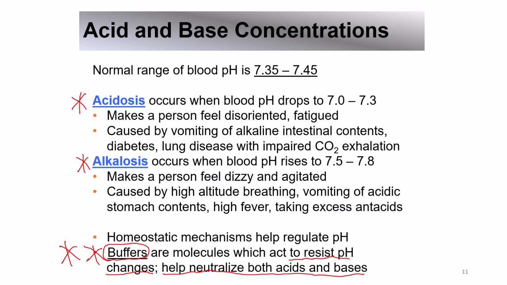So one part of the pair acts more like a base, and the other part acts more like an acid. And so if our blood is becoming more acidic, the basic part of the buffer ends up neutralizing the acidic one. And so then vice versa. If our blood becomes too basic, alkaline, then the acidic part of the buffer helps to neutralize the other one.